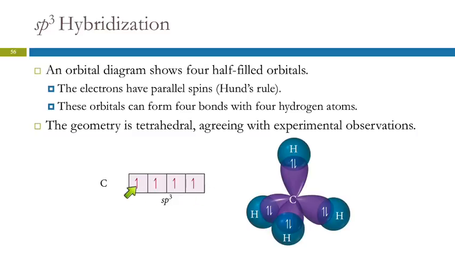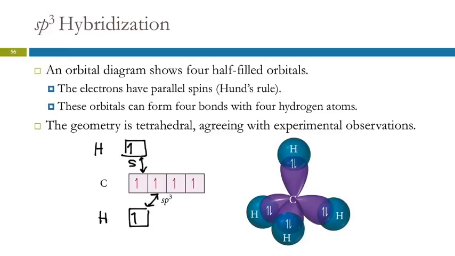Again, we have the parallel spins here because of Hund's rule. Now we have four orbitals that are half filled, and each of those can overlap with an s orbital from the hydrogen. So let's add in hydrogen, and its orbital diagram is just going to be this 1s. It only has the one electron. So these two can overlap, and then we can have another hydrogen that's half filled, and that can overlap with this one.